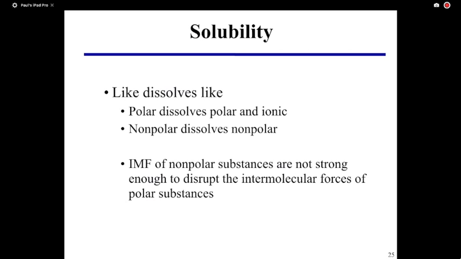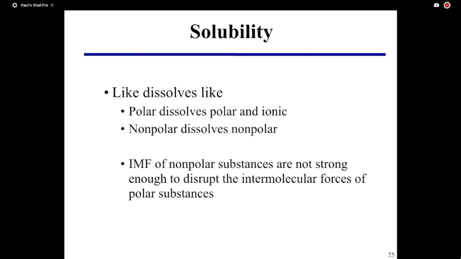Solubility, as we said, if it's aqueous. Well, here's really what happens. The water molecule, which is polar, likes to attract the positive, negative polar ions, and so like things will dissolve like things. Polar dissolves polar, non-polar will dissolve non-polar.